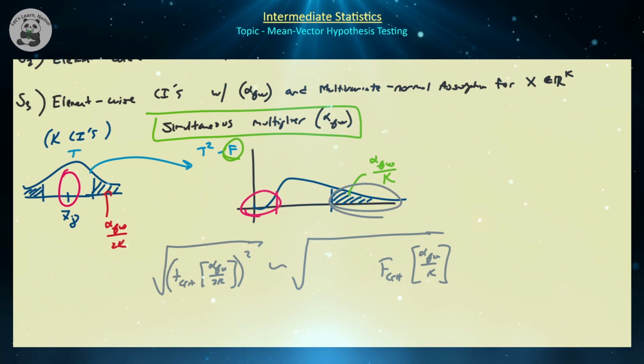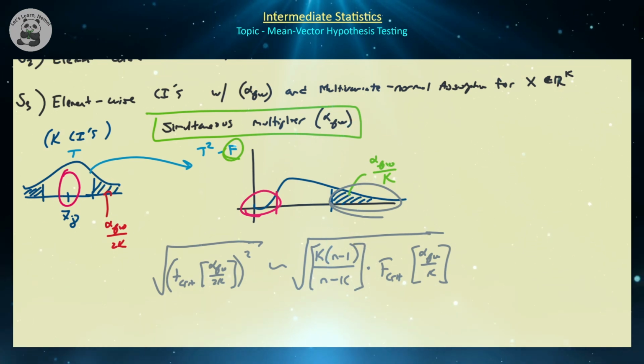Now we're going to be working with just k tails for each of our k distributions, and obviously this needs to be normalized, and the normalization factor is going to be k times n minus 1 divided by n minus k. In some sense, we have the n-1 degrees of freedom coming from the k, and then we have this n minus k term, which are going to be associated to the chi-squared degrees of freedom which build that particular f critical value.